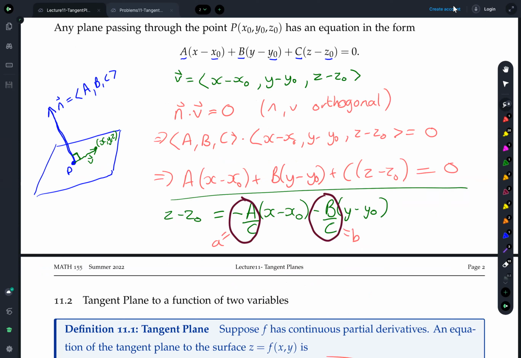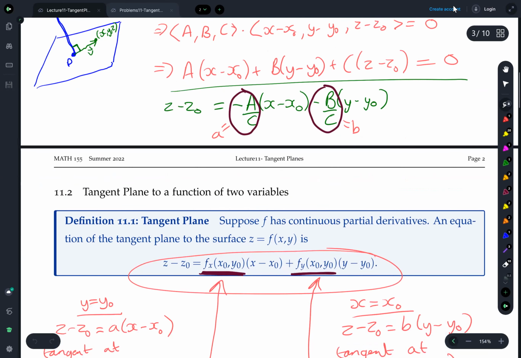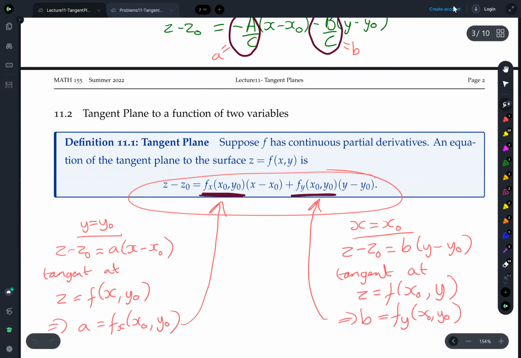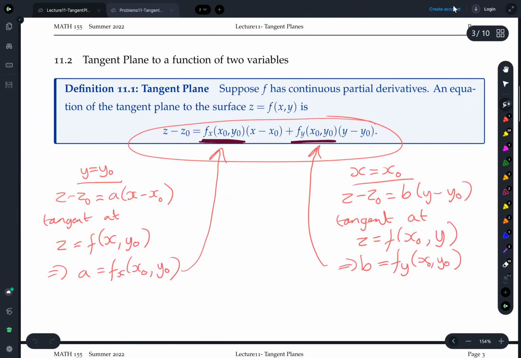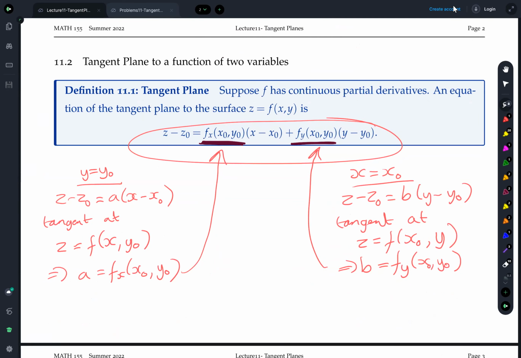And then because A and C are just some constants, we can say let minus A over C equal little a and minus B over C equal little b. And it turns out that little a and little b are given by our partial derivatives of our function at our point of interest, x0, y0. So we can work out our tangent plane by working out our partial derivatives, which we talked about last time.